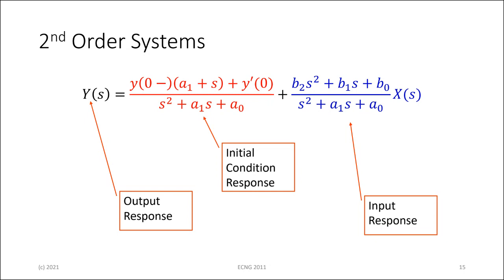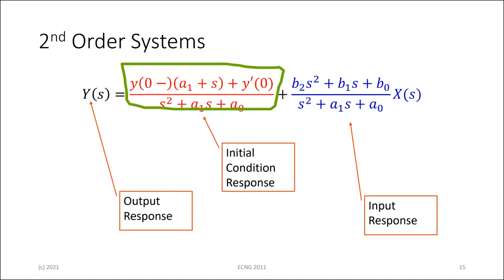Now, this initial condition response may well be, for instance, if you were dealing with a series LRC circuit and the capacitor was not discharged. So you did some experiment on the circuit, you switched it off, and then you came back a while later and put it back on again.